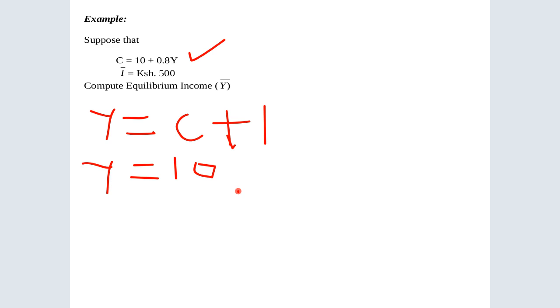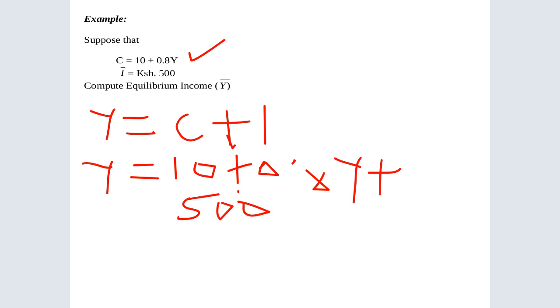Y. So Y will be given by 10 plus 0.8Y plus 500. So you need to take the like terms together. So this is Y minus 0.8Y, which would be equal to 500.